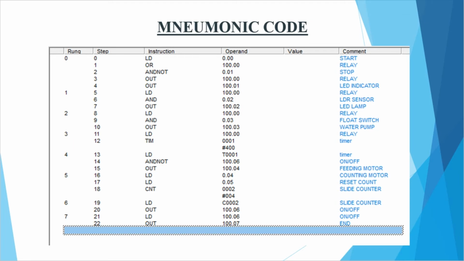And this is the mnemonic code that we get from the ladder diagram. I will pass to Khalif to continue our presentation.